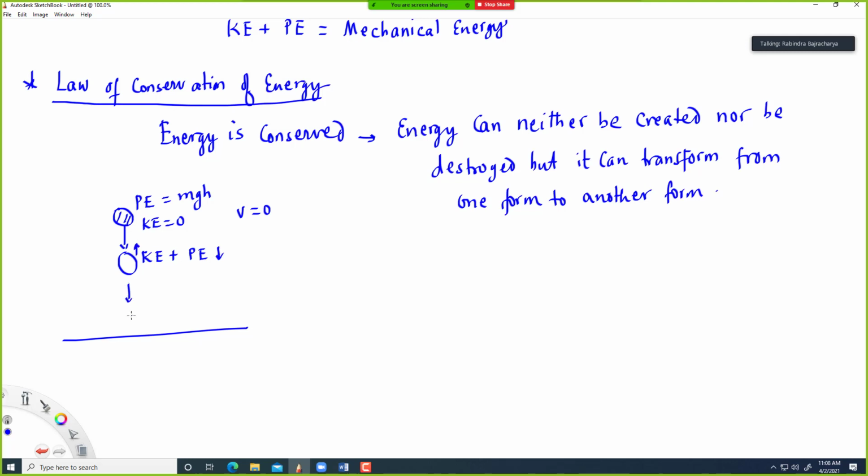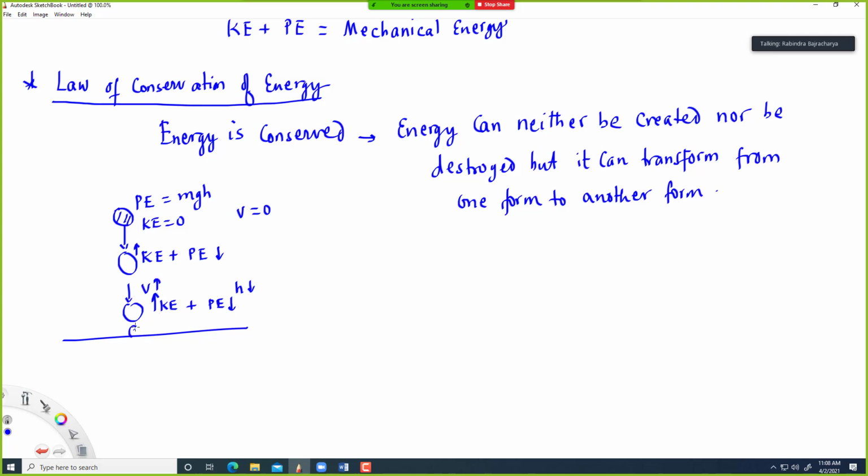As it falls, there would be further increase in kinetic energy because of increase in speed, and there will be further decrease in potential energy because of decrease in height. Okay, so height goes down, potential energy goes down. Speed goes up, so kinetic energy goes up.